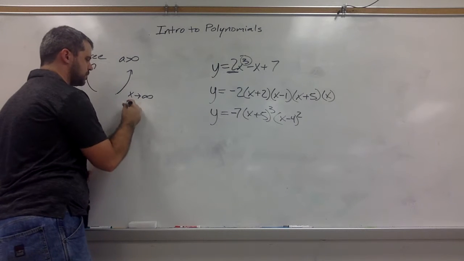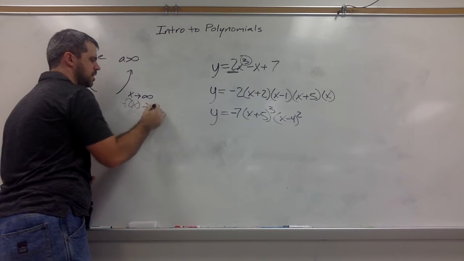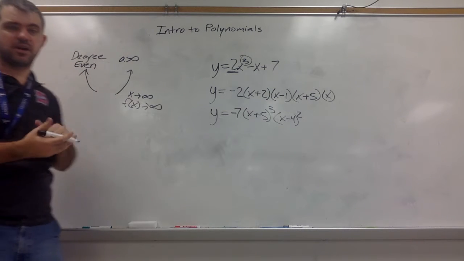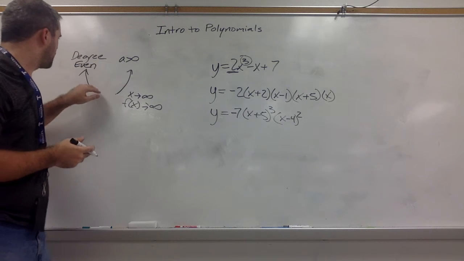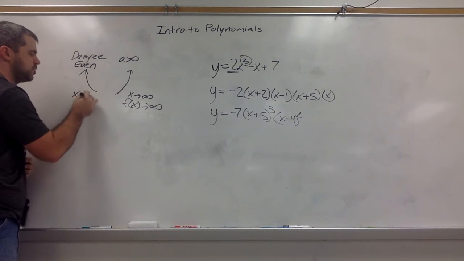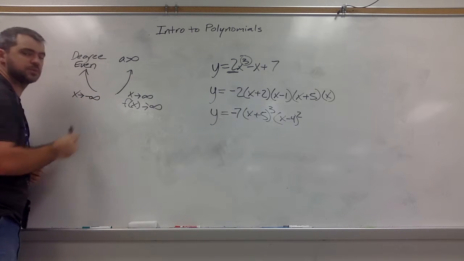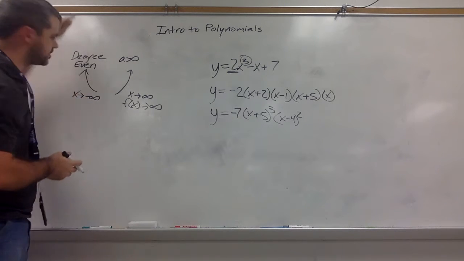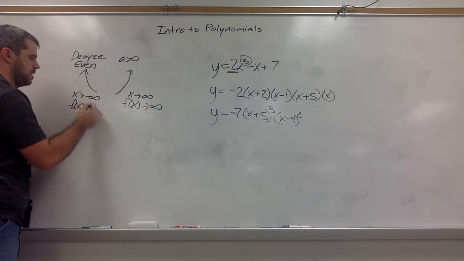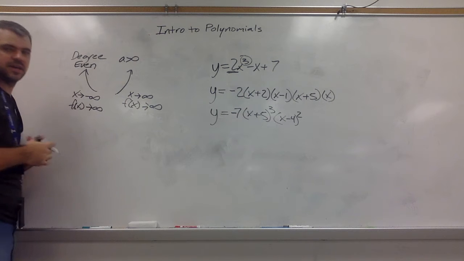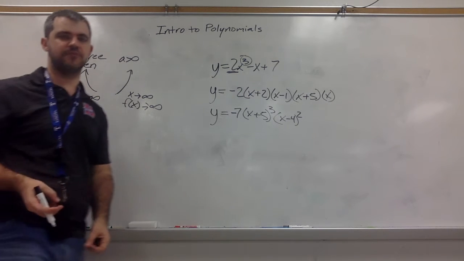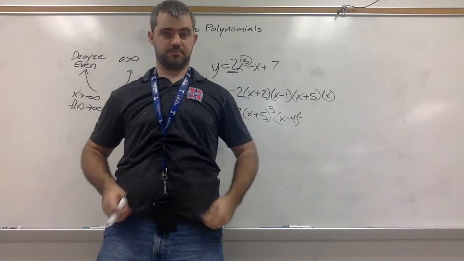So as x goes to infinity, f of x goes to infinity. As we go to the left, what happens? As x goes to negative infinity, as x gets really, really small, same thing happens. We explode out. f of x goes to infinity. So these are a fancy way of saying that it goes like this on the ends.